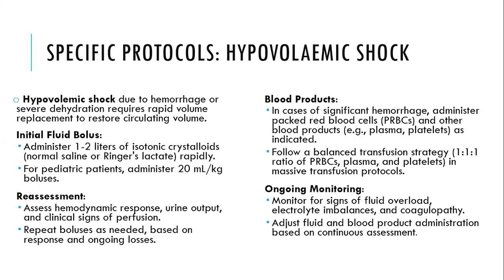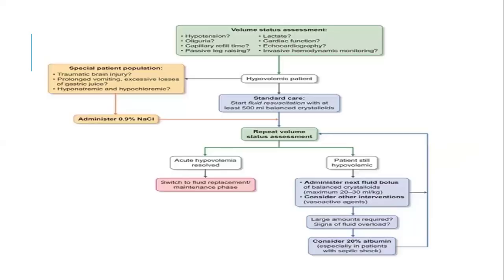In cases of massive blood transfusion, you want to do a massive transfusion protocol with a 1-to-1 ratio of packed cells, plasma, and platelets. All right. So, ongoing monitoring for signs of fluid overload, electrolyte imbalance, and the occurrence of coagulopathy.